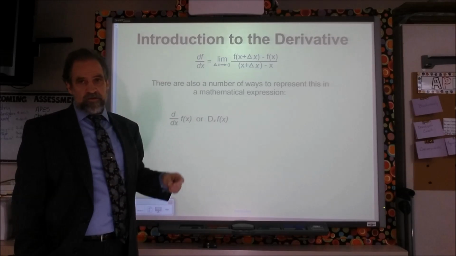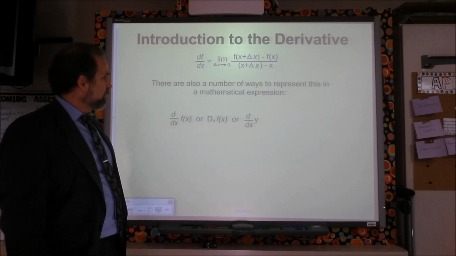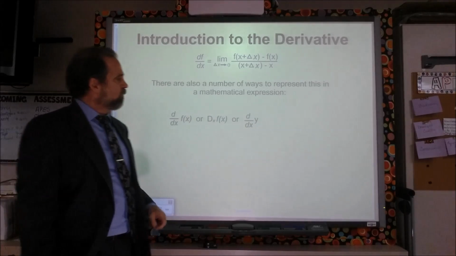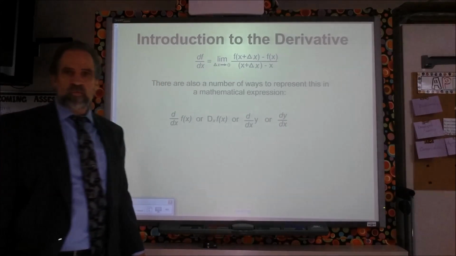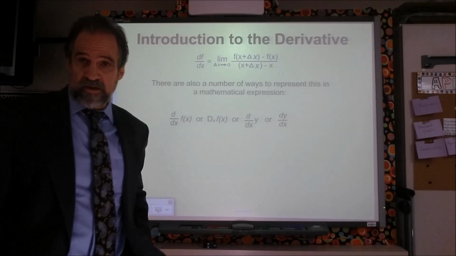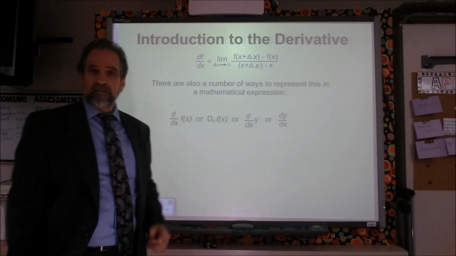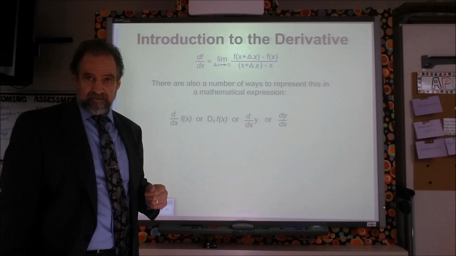Another way you might see it in the textbook, in the AP test, most certainly. Or d dx, the derivative with respect to x of y. Or finally, dy dx, which is the most common thing, when people will just say dy dx. That's really the derivative of y with respect to x, but dy dx is easier to say, and mathematicians like to simplify things, let's say.